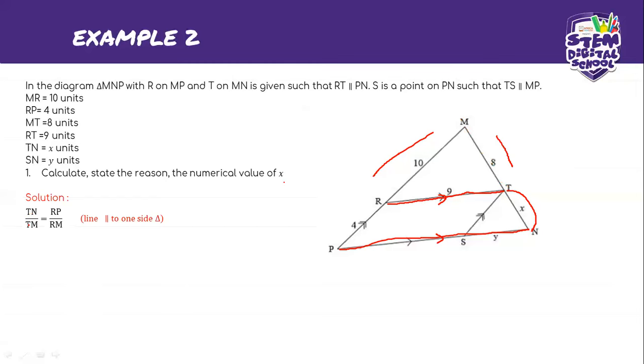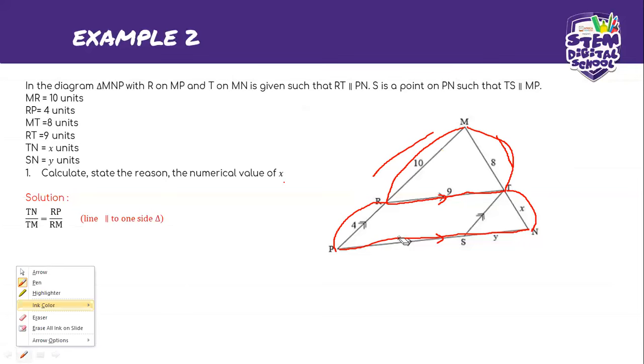So hence we are saying TN over TM equals to, then remember we went like this and like this. So also here on this side, we're going to say RP, divided by MR, right? Then you state the reason, a line parallel to one side of a triangle, right?